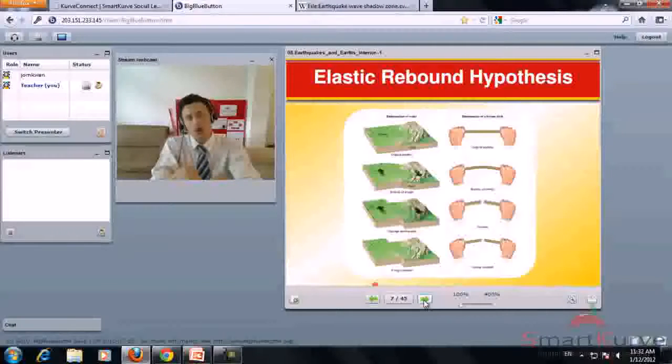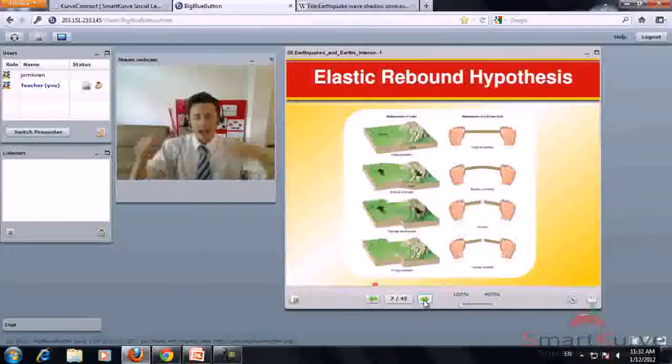When they move along a fault, they push against one another, and it's like the two hands bending that stick. And then finally, when enough energy is stored, they slip, and that's like snapping that stick.